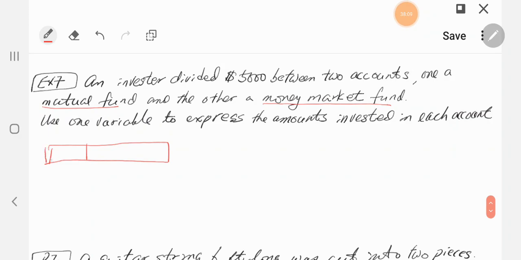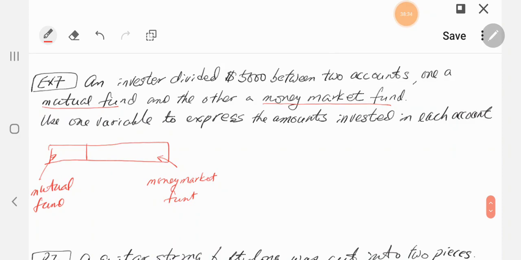The first part is the mutual fund, and the second account is the money market fund account.